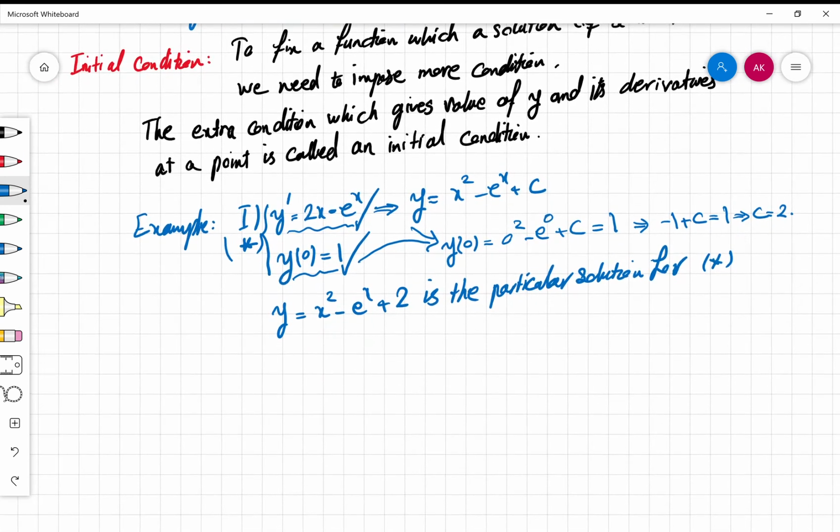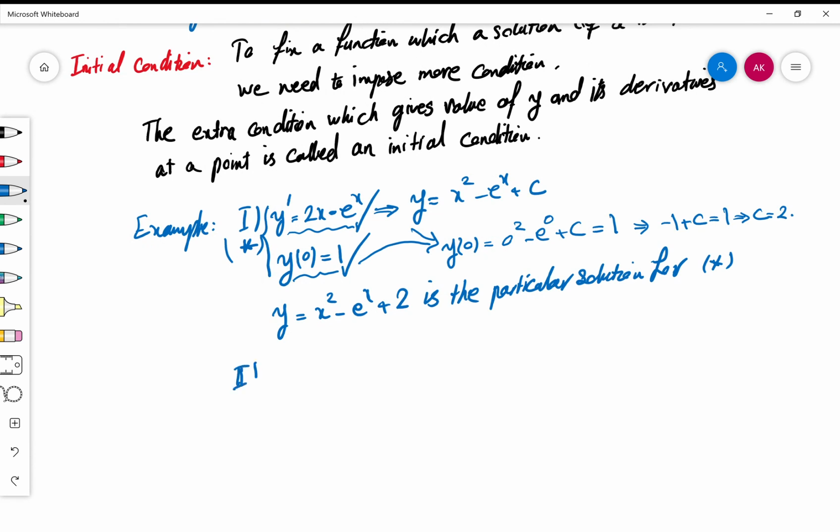For the second one, let me do another example. y prime equals y. Let's say we have y at 1 equals 4. We know that all the functions c e to the power x satisfy the equation. That is the general solution for this example. Then you want this condition also to be satisfied. So y at 1, which is c e to the power 1, needs to be equal to 4.